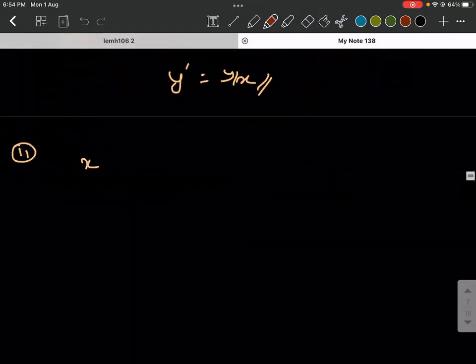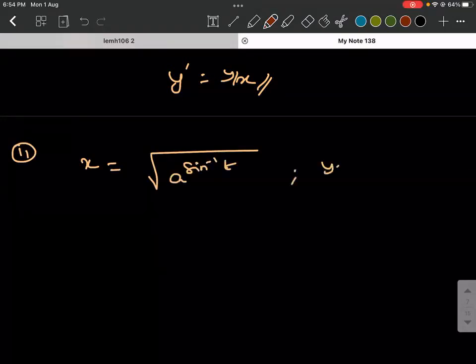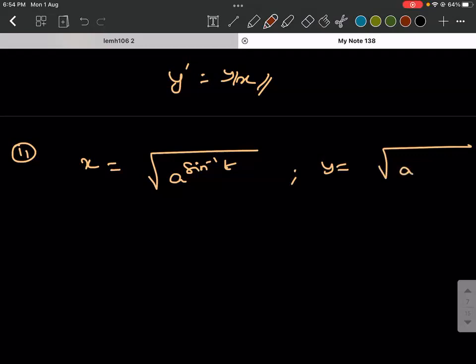So the 11th one is x is equal to root of a power sine inverse t, y is equal to root of a power cos inverse t, and prove that y dash is equal to minus y by x.